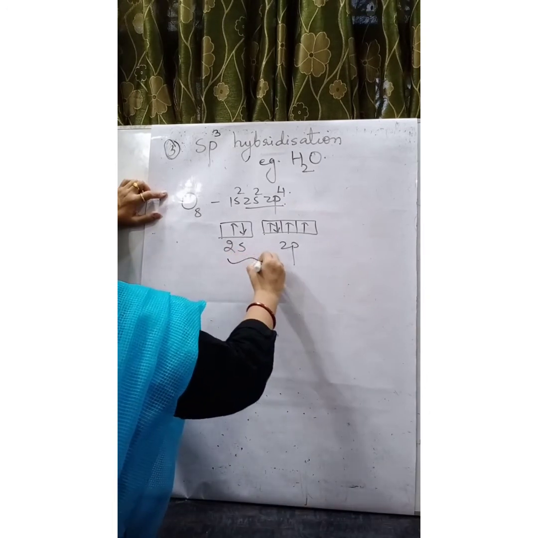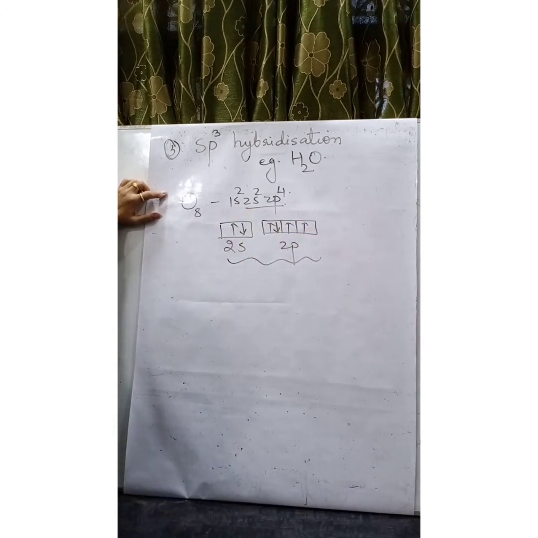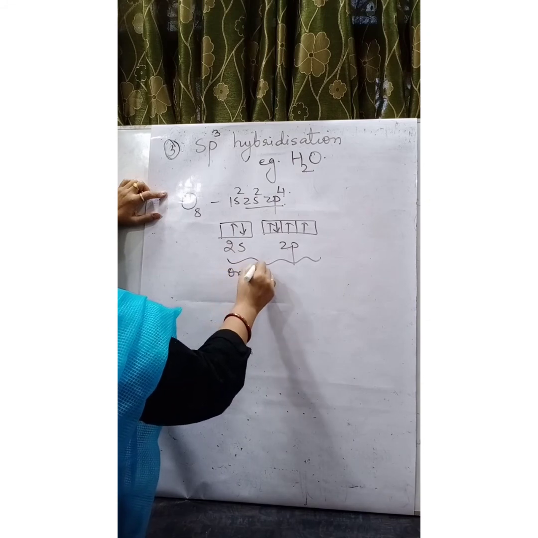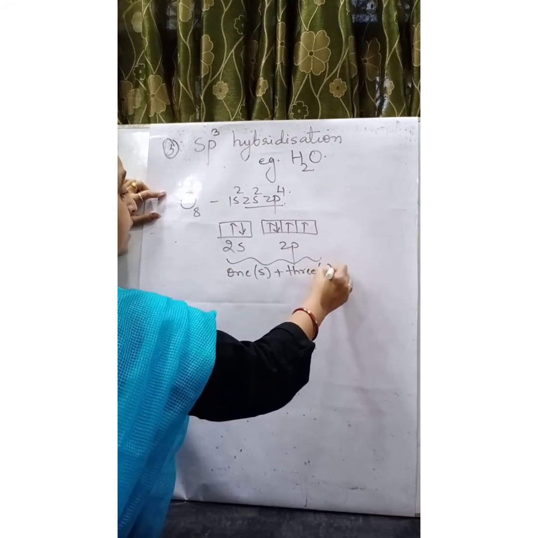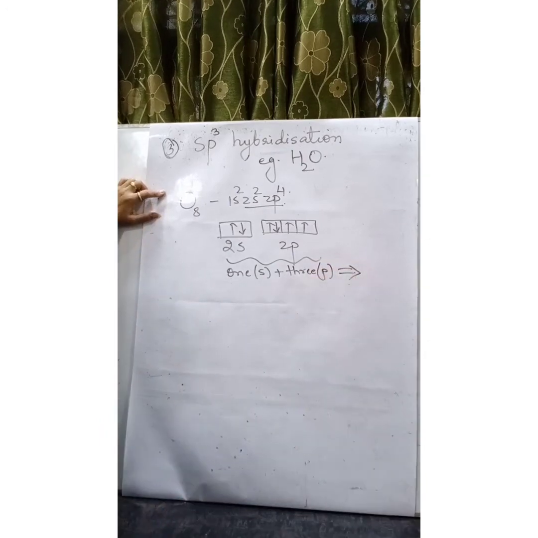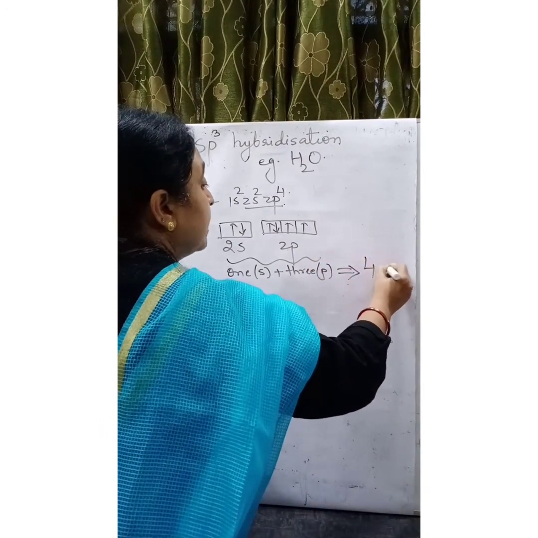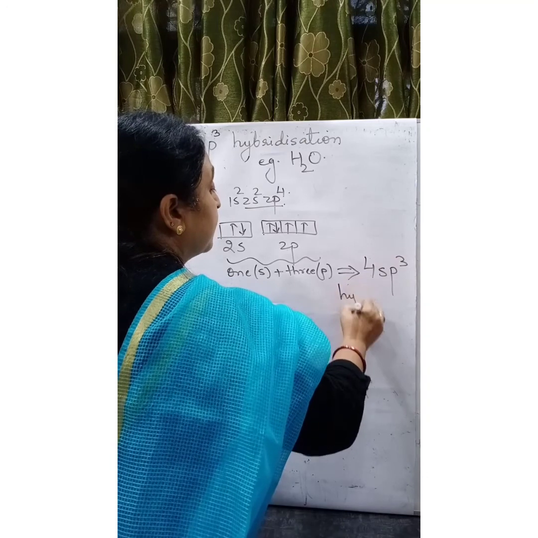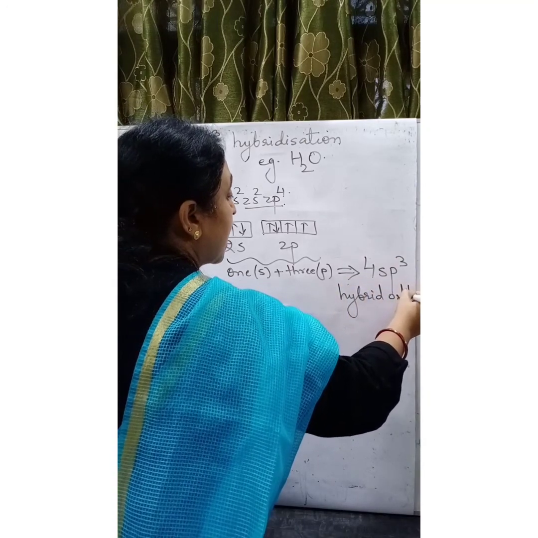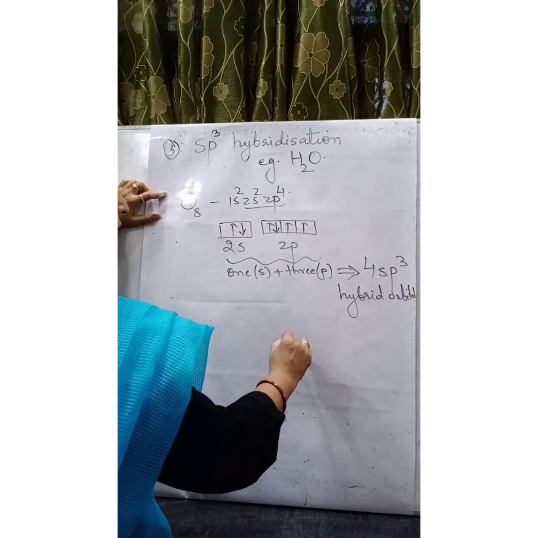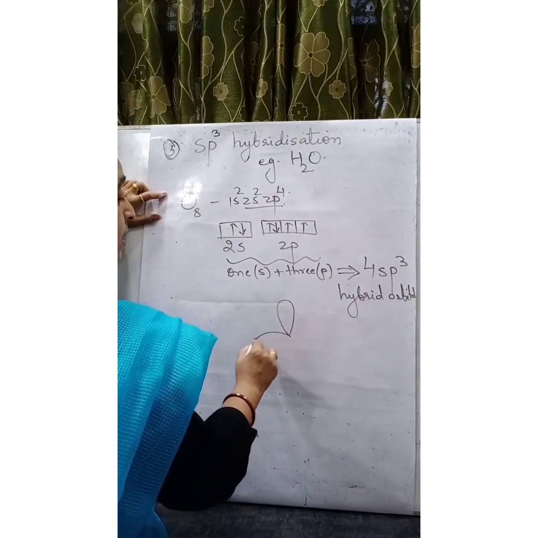So what happens? Oxygen will not go into the excited state. The 1s and 3p orbitals undergo hybridization to form 4 sp3 hybrid orbitals. Now you know that the sp3 hybrid orbital has a tetrahedral geometry.